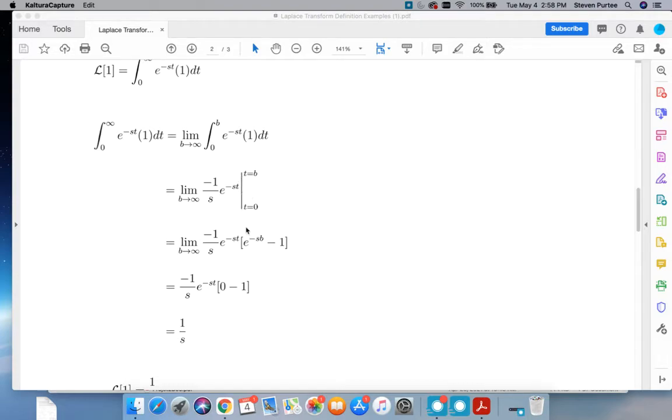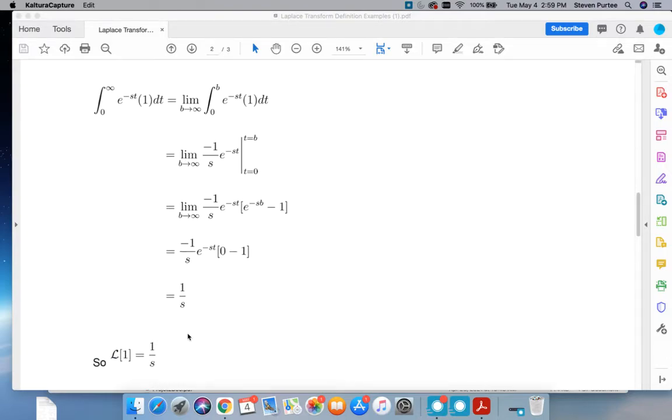So I plugged in t equals 0 and t equals b. When b goes to infinity, this term goes to 0. So we get 0 minus 1. Those negatives cancel and we get 1 over s. So this is counterintuitive. You would not expect something like this. But the Laplace transform of just the number 1 is 1 over s.